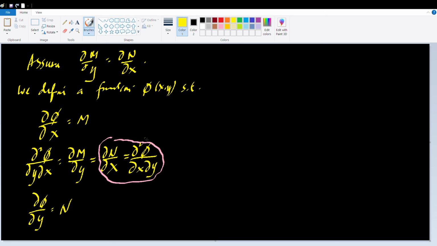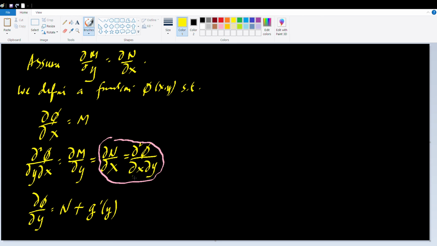If we are to take the partial integral of the second partial of phi with respect to x and y, we'll be getting the function N plus some function g prime of y, because we are taking the partial integral with respect to x.